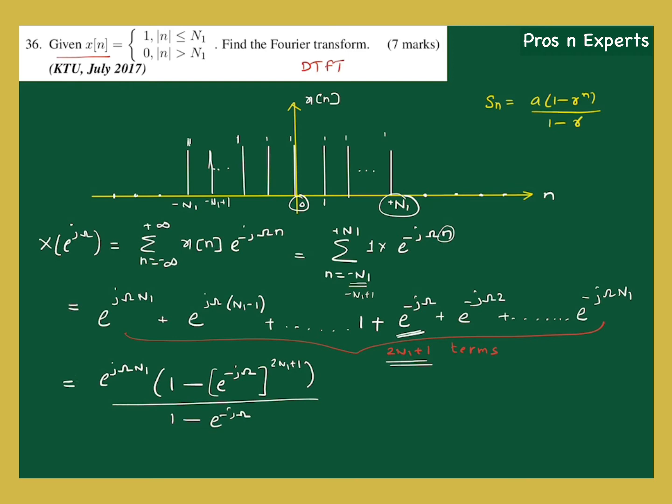Now it's only a matter of simplifying this. This is equal to e raised to j omega n1 into 1 minus e raised to minus j omega into 2n1 plus 1, because a raised to m whole raised to n becomes a raised to m into n, whole divided by 1 minus e raised to minus j omega.